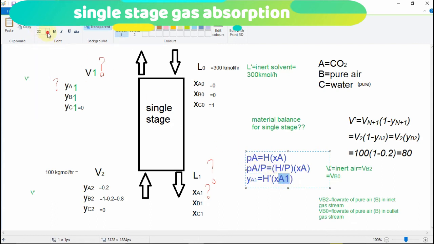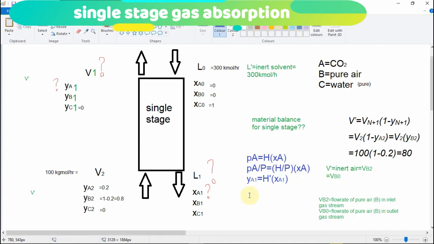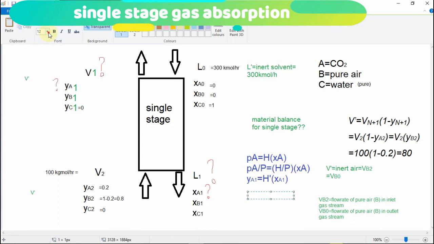So our aim is to find the value of H prime to get one equation, to solve simultaneously with the previous material balance equation. So our job is to find the value of H prime.